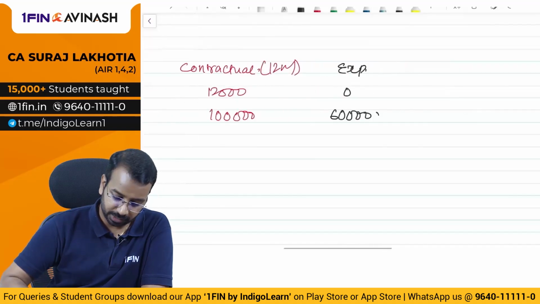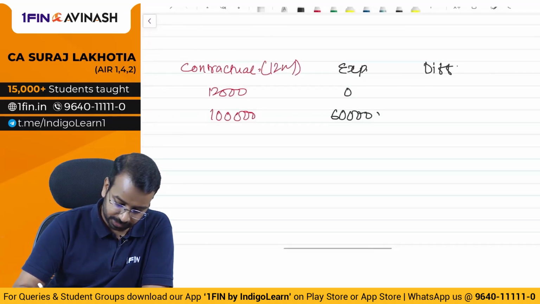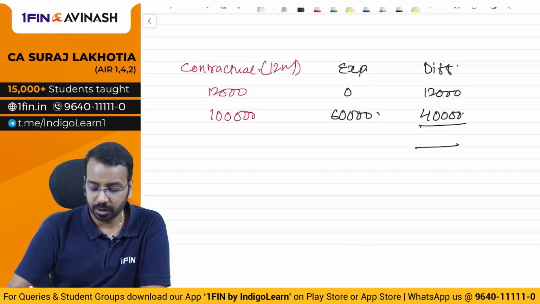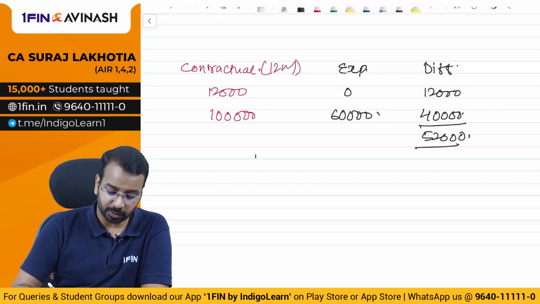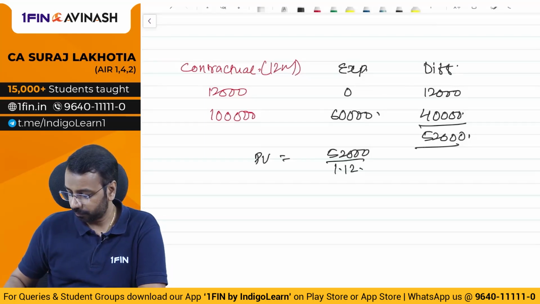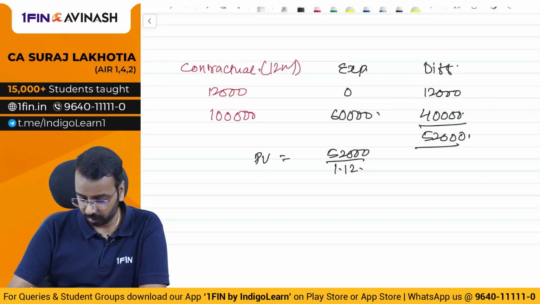Okay. Now what is the difference? The difference is 12,000 loss here and 40,000 loss here. Total loss is 52,000. We need the present value. Present value is 52,000 divided by 1.12. The expected credit loss is 46,428.